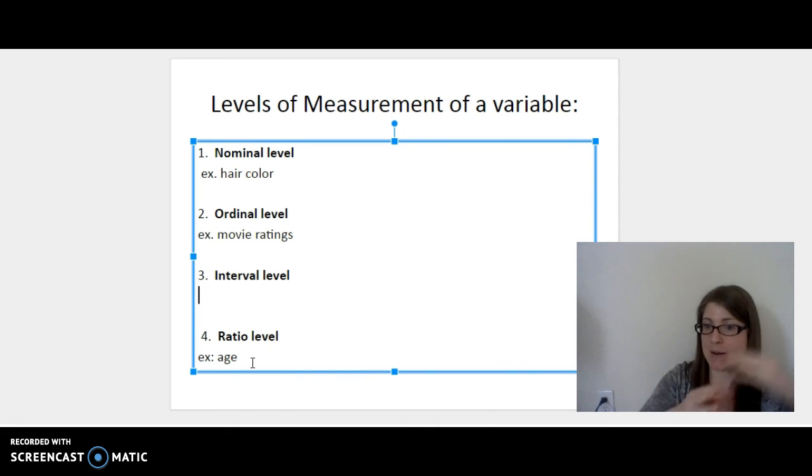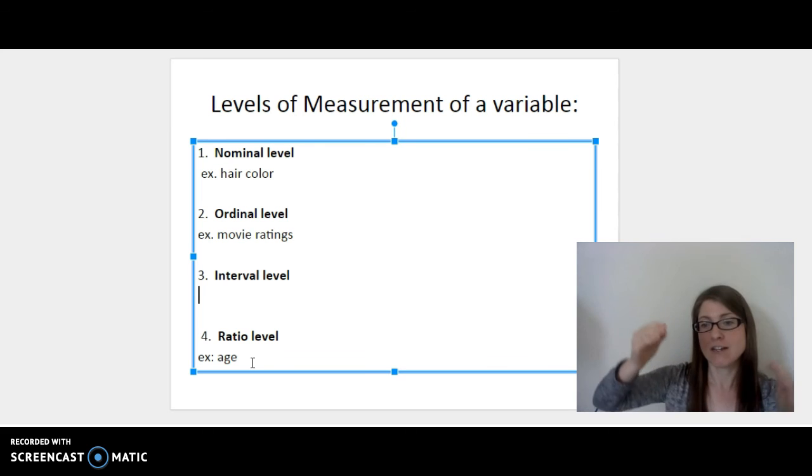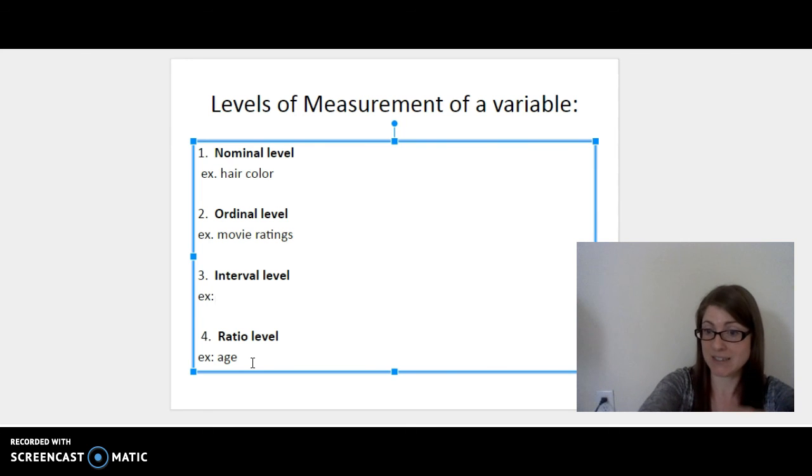They might be 1990, 1980, 2000, 2010, but the divisions don't have a lot of value or a lot of meaning. That means we're going to be stuck in the interval. The subtractions make sense, but we can't do the divisions. We can't look at the ratios. The high school graduation year.